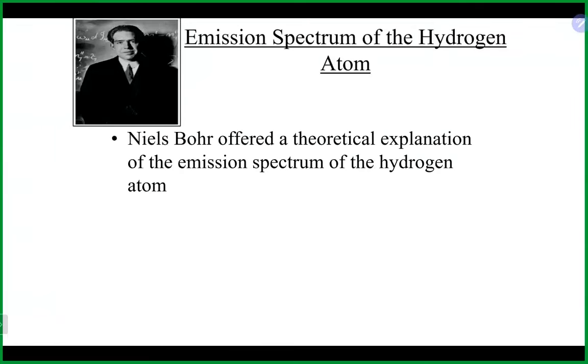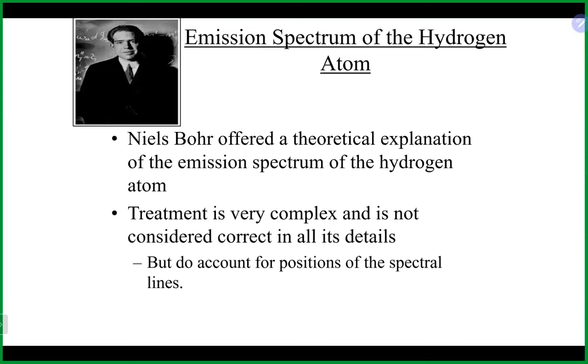And this brings up the idea of the Bohr model of the atom. The Bohr model is pretty complicated, but we're not going to delve too far into it other than to talk in general about it. His idea of the atom was a more planetary model, where you have your nucleus in the middle, and then you have these orbits.